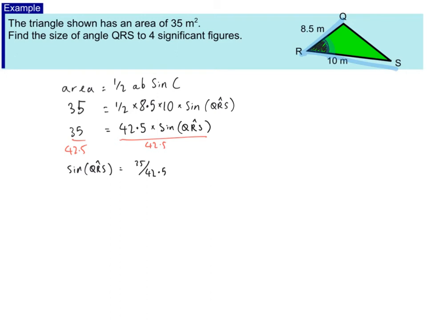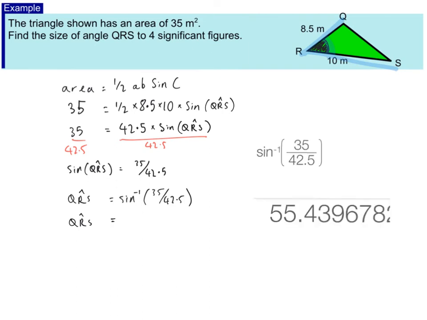Right, the acute angle QRS is just going to be the inverse sine of this value here. So I can go ahead and type that into my calculator. It's given out a big long number. Because it's a rounding question, I'm going to write down the unrounded answer.